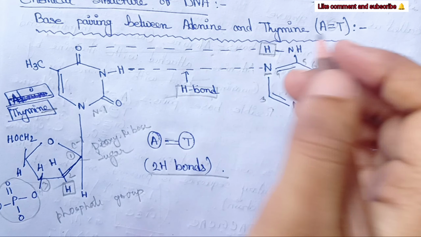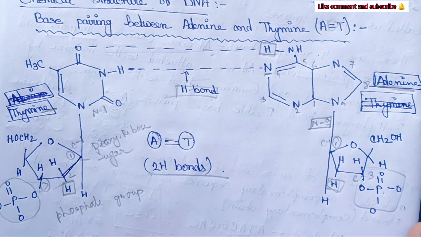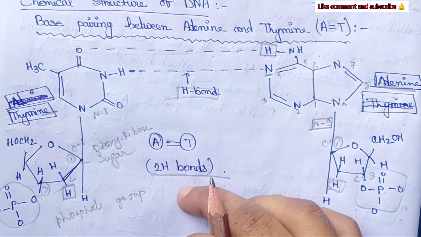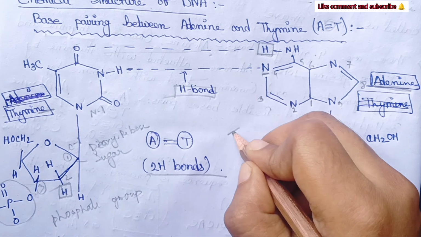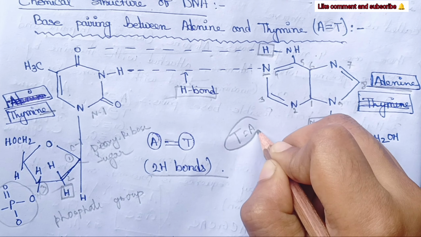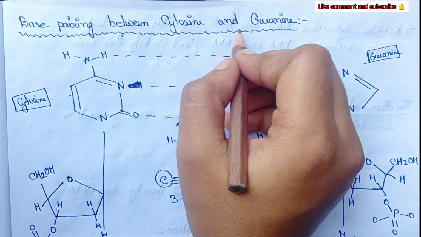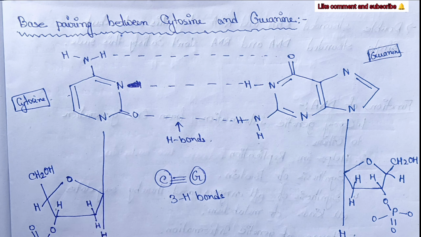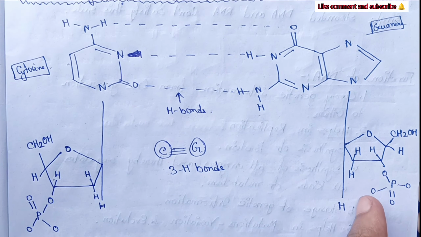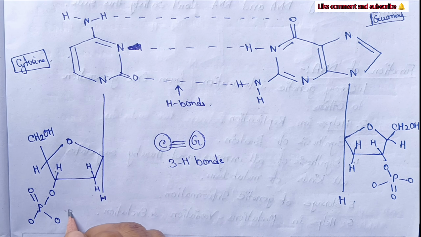They can form a DNA structure. In the same way, thymine and adenine are bonded with each other. Then the base pair between cytosine and guanine. In this structure, as before, this is the phosphate group.